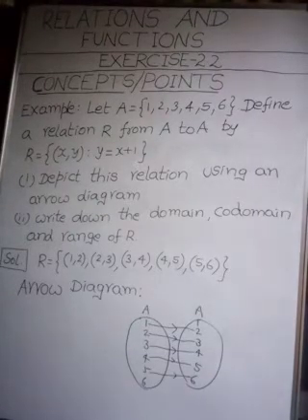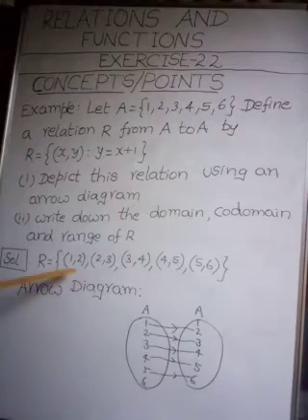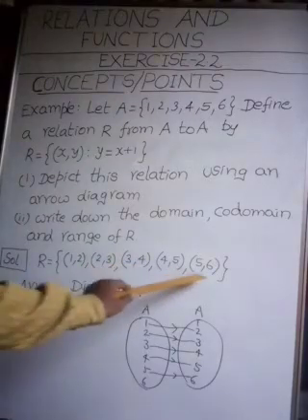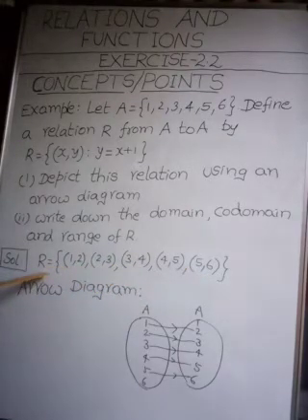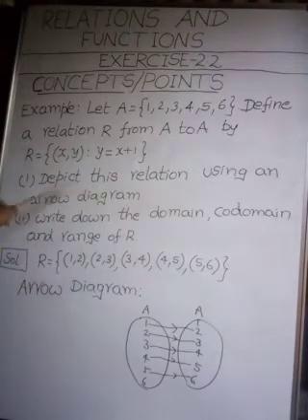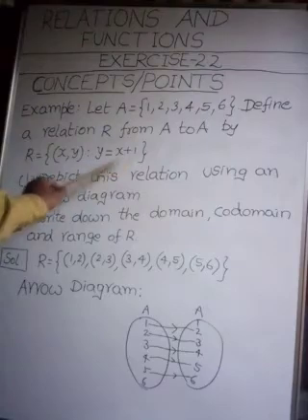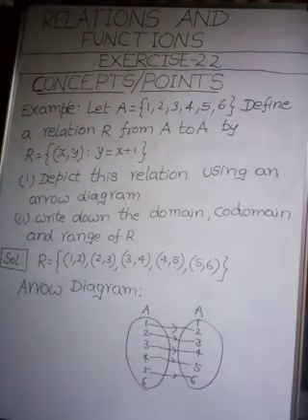Understood this point, my dear children? Right. So, these are the ordered pairs in the relation R. Only these ordered pairs satisfy the given relation between the first and second element of the ordered pairs. Understood this point, my dear children?